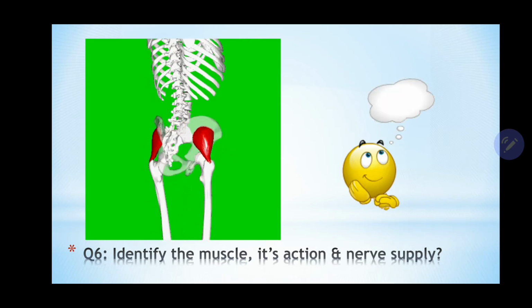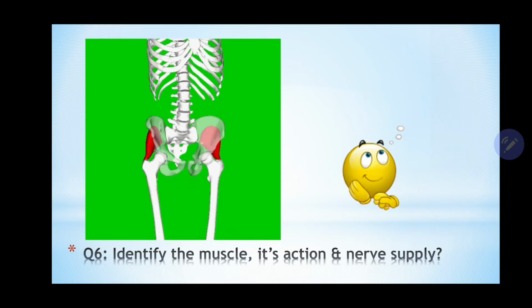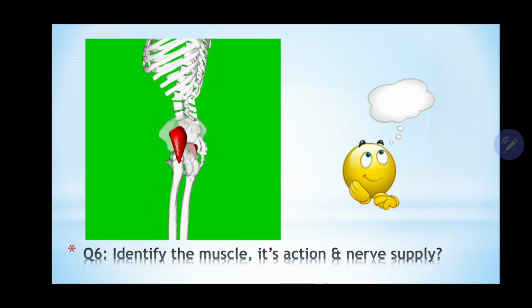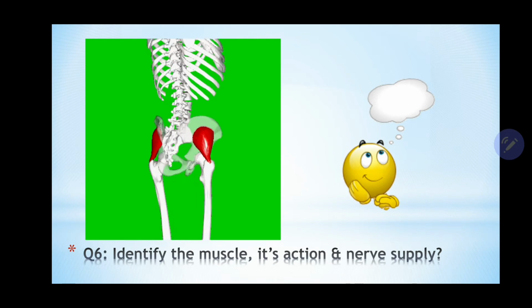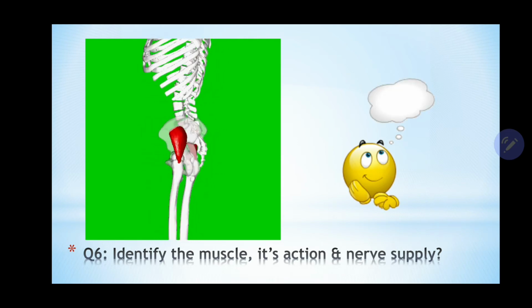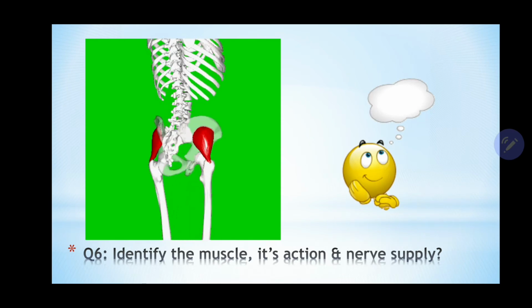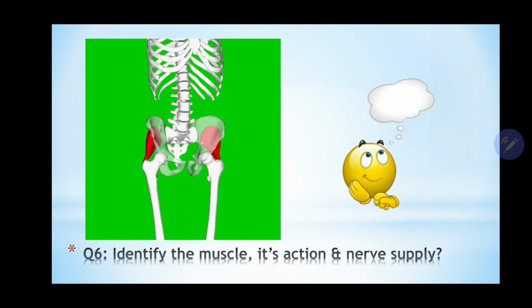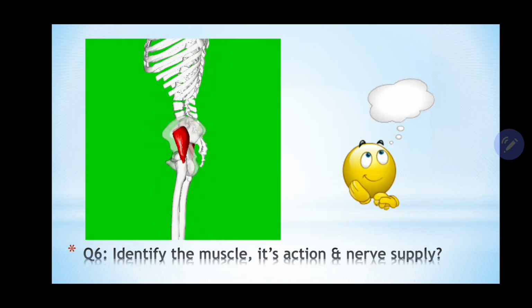So let me tell you, this muscle is gluteus minimus, and an important point about it is that the name is minimus, but among the three glutei, it's this muscle which has the widest origin from the outer surface of the hip bone. Okay, so the muscle is more in the anterior half in the coronal plane from the greater trochanter.